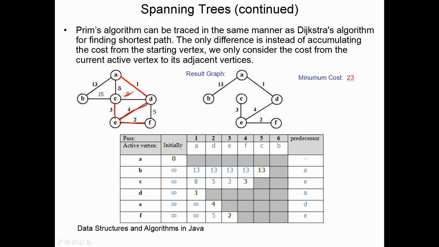It's not going to work out because there's a cycle. I need to check with DF. That's the problem. And then the next one is going to be 8, which is a cycle again. I cannot do that. What is remaining is 13 and 15, only one of them. 13 is the smallest, and that's how I get the same result.